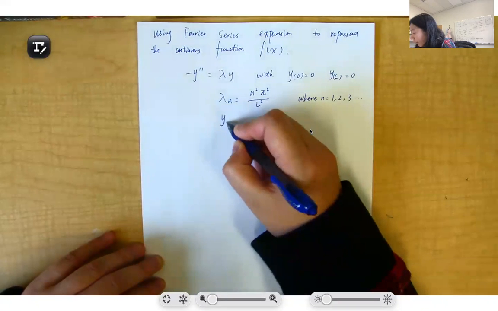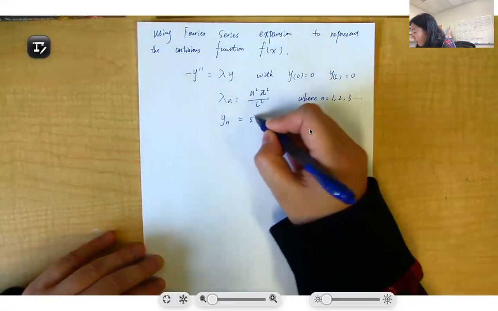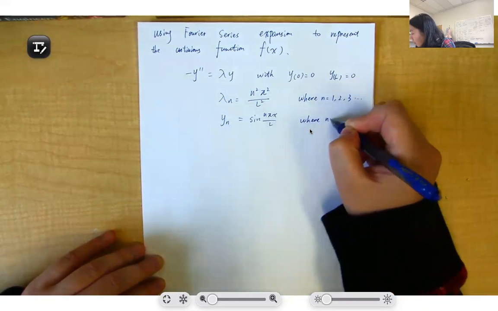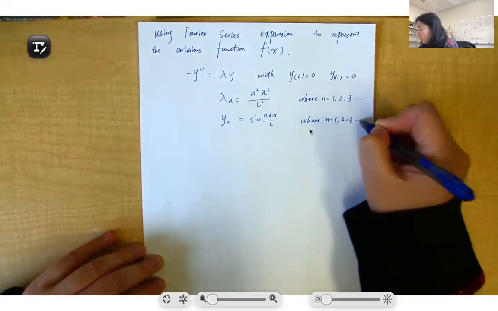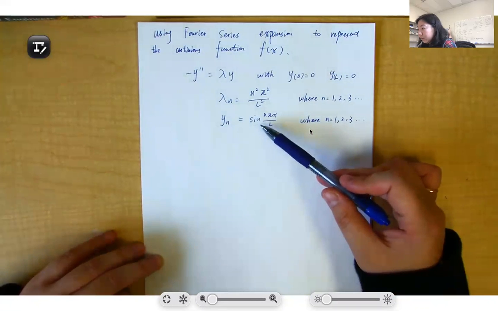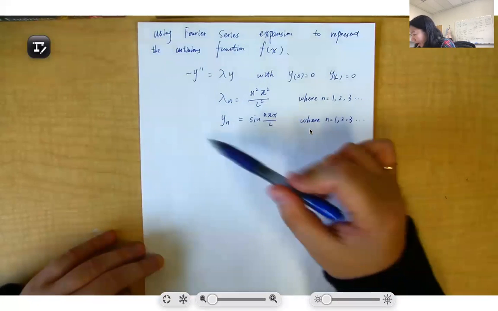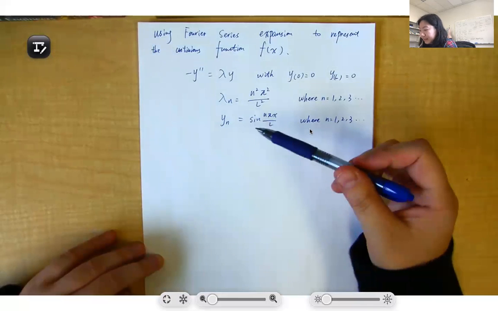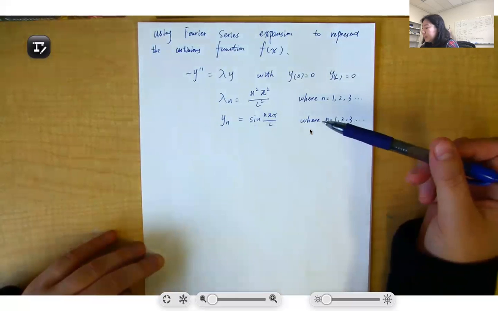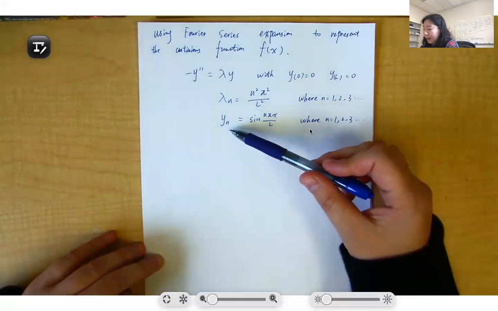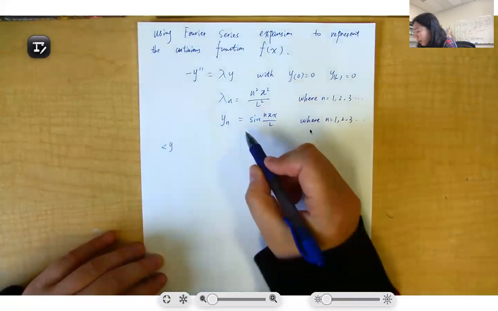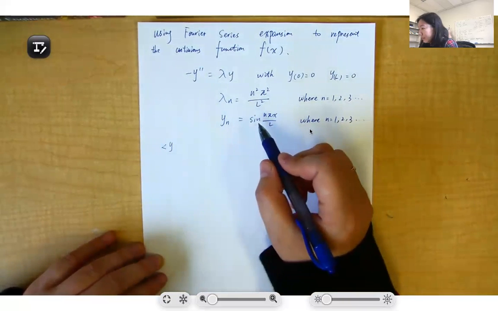We have our eigenvector y_n equal to sine n pi x over L, where n also starts from 1, 2, 3 until infinity. And you can see this is a sine function for your eigenvectors, and it satisfies the Sturm-Liouville problem property that the basis set of your eigenvectors are orthogonal. So we also prove that this sine function is an orthogonal basis.